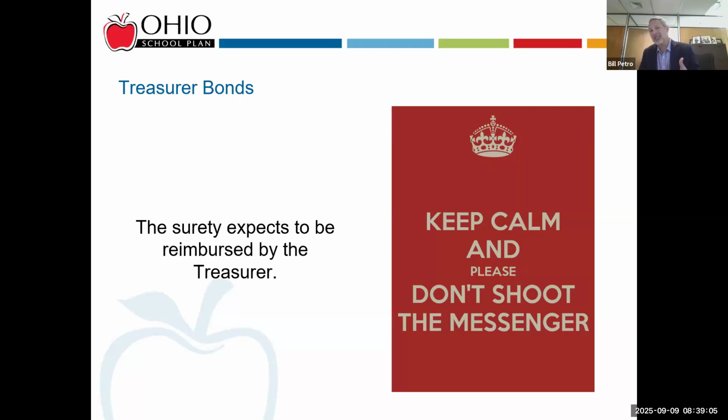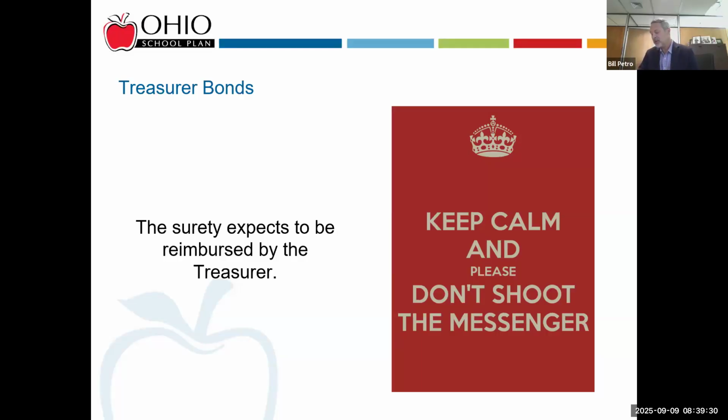I pause there just to give you a chance to see that if the surety, the bond company, makes a payment, the treasurer has to reimburse them. And this is how these surety bonds are all written. This is what the treasurer signs when that bond is issued.